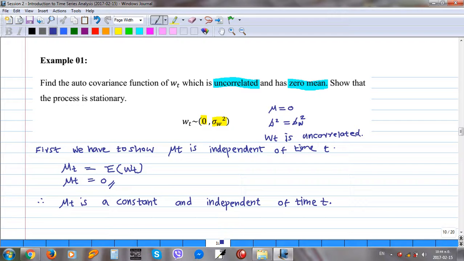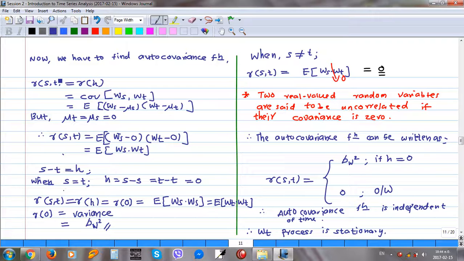What are the steps? First you have to find the mean, then show mu t is constant and independent of time t. Then you have to take the autocovariance function, consider s equals t and s not equals t, and show this is independent of time t. Then both conditions are fulfilled, that means that is a stationary process.